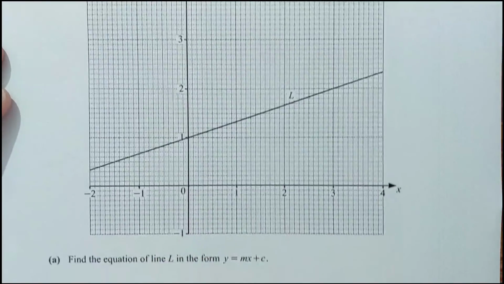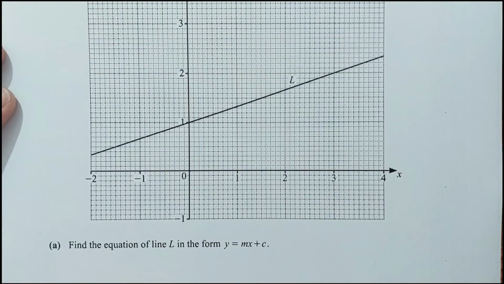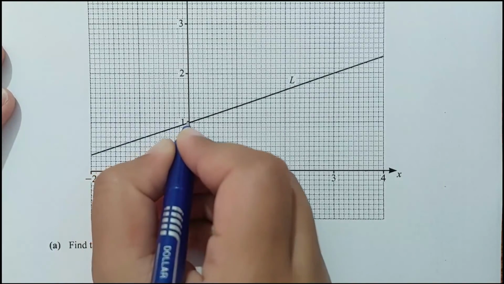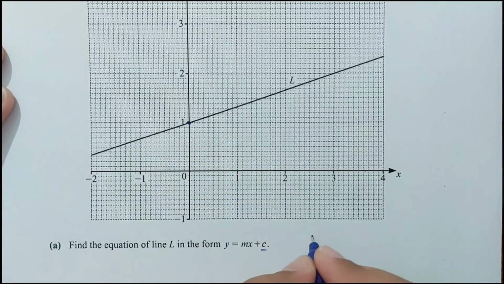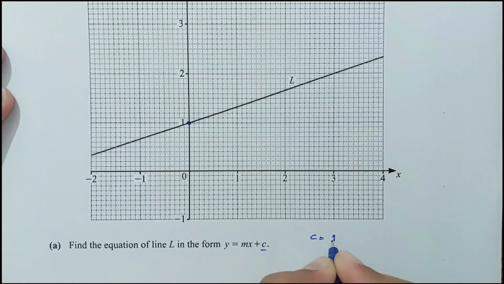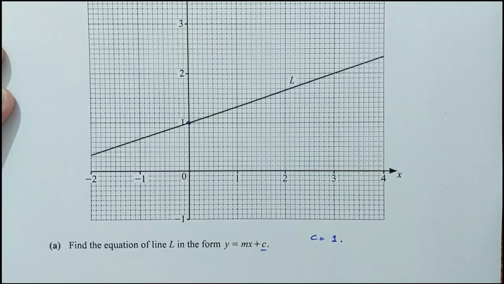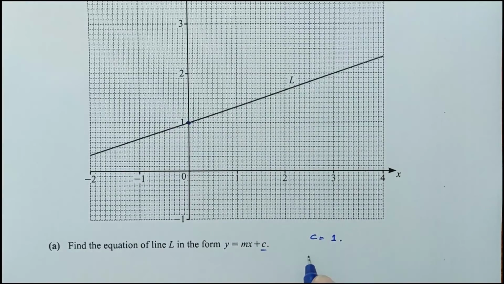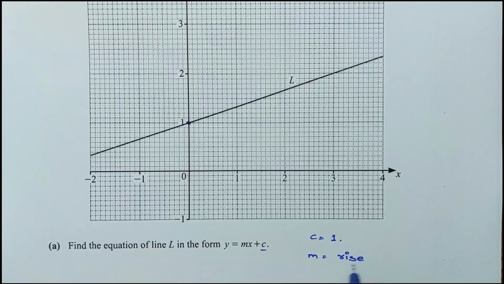Question number 17. Part A, write the equation of line L in the form y equals mx plus c. c is the y-intercept, which is equal to 1. So from here the c value is 1, the y-intercept. We just have to find out the slope, right? We can find the slope, the m value, using rise over run.